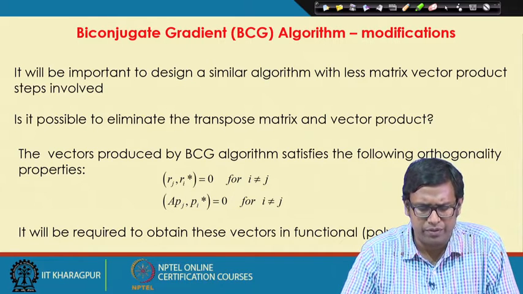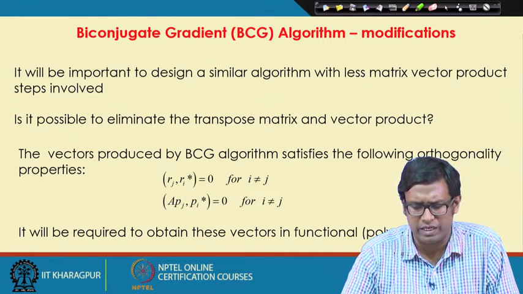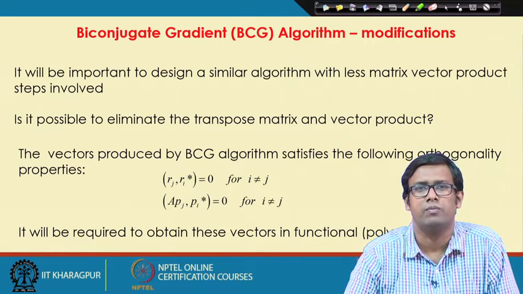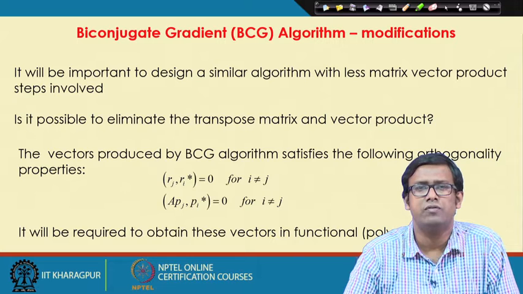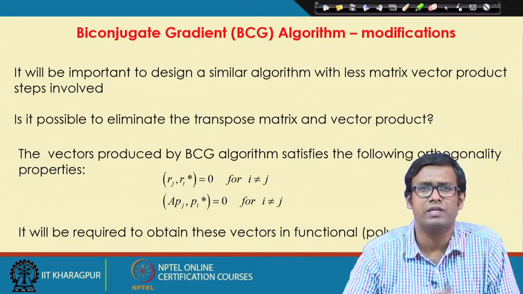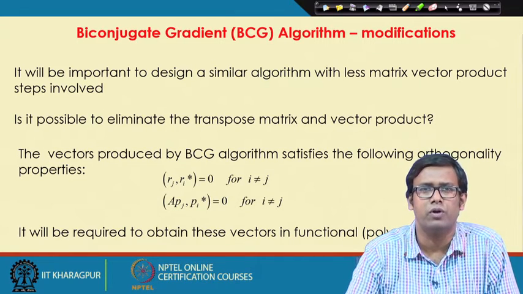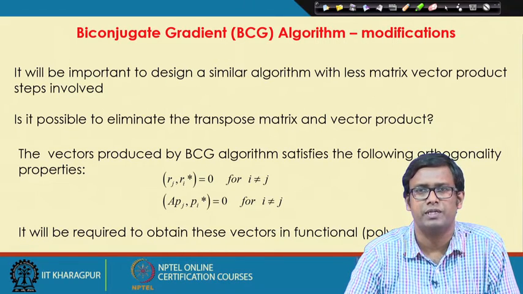So, it will be required to obtain these vectors Ri and Rj in functional form, where instead of doing A transpose, we can probably have some functional form of R and P, say a polynomial form of R and P, so that the dot product does not necessarily require the transpose of a matrix.